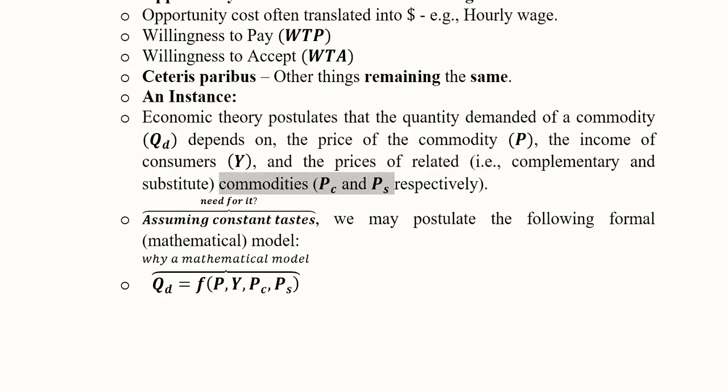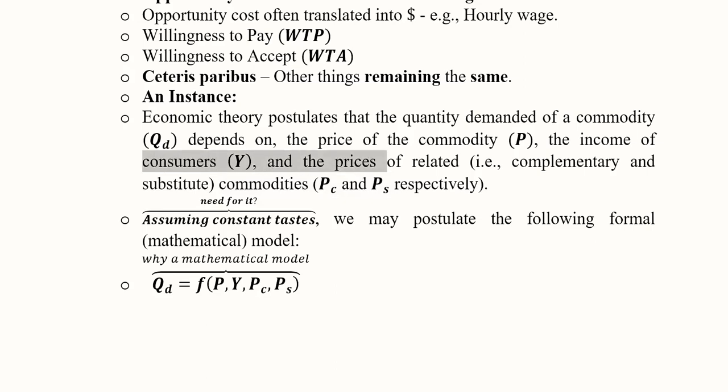So these are a few factors. There can be other factors as well. For example, the weather can decide the quantity demanded of a certain type of clothing. The location can determine the taste of an individual, and there can be other factors as well that determine the quantity demanded of a certain variable.